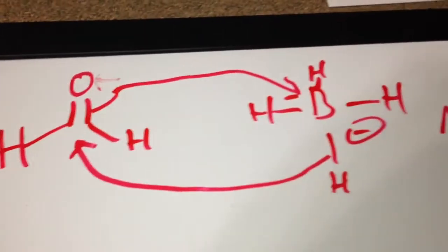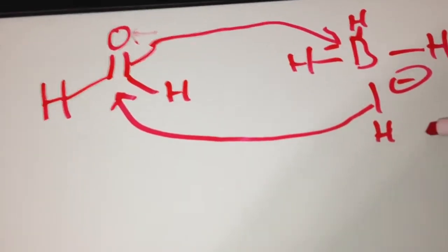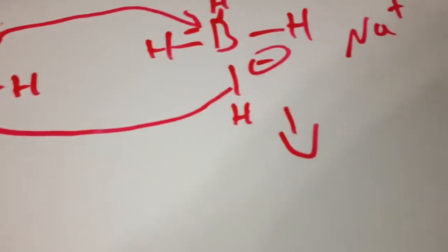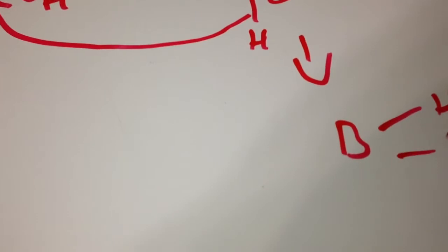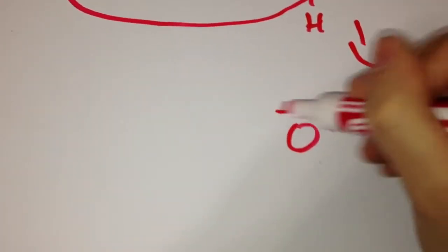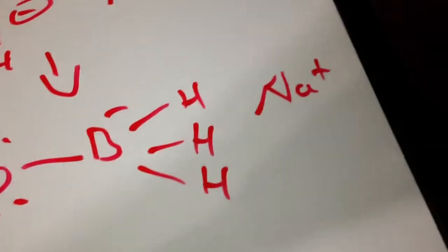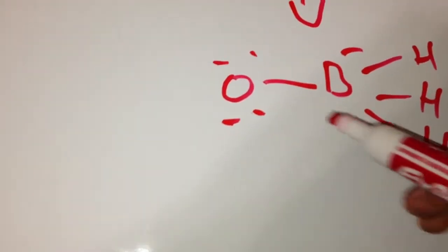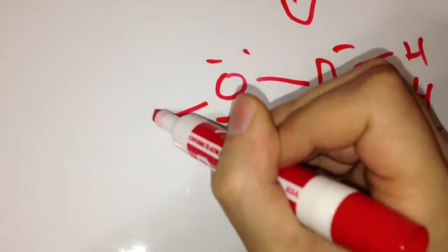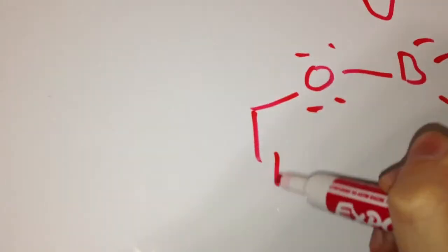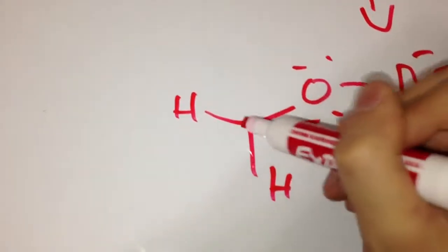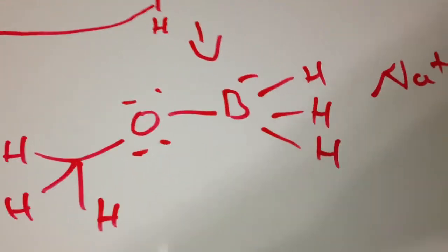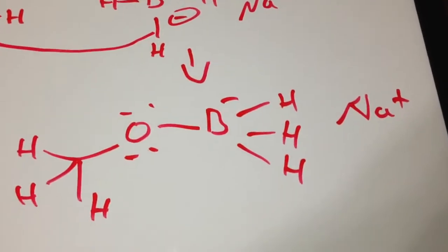So when you do that, you're going to rewrite it once, and it's going to be B, H, H, H, and then O, B is minus, there's still that Na plus, and you have it connected to the carbon, which is connected to an H, another H, and another H. So right there, that's what happened.